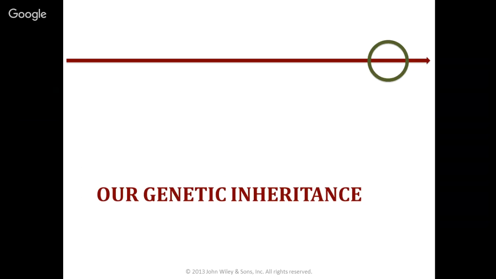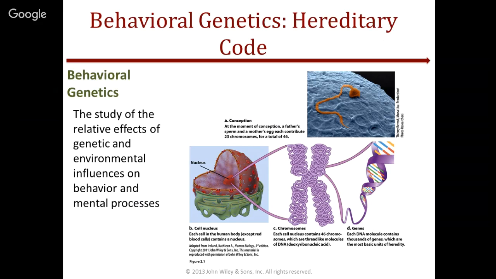So when we're looking at neuroscience and biological foundations, we are looking at our genetic heritage, what we receive from our parents, what we receive from biological makeups, and also our environmental influences.